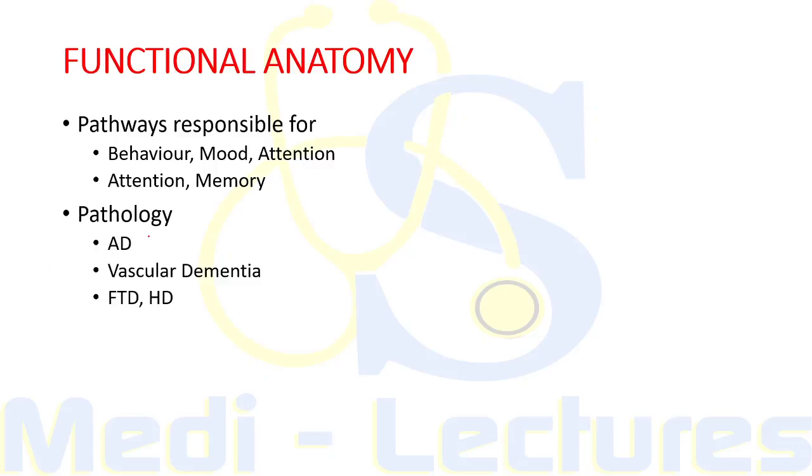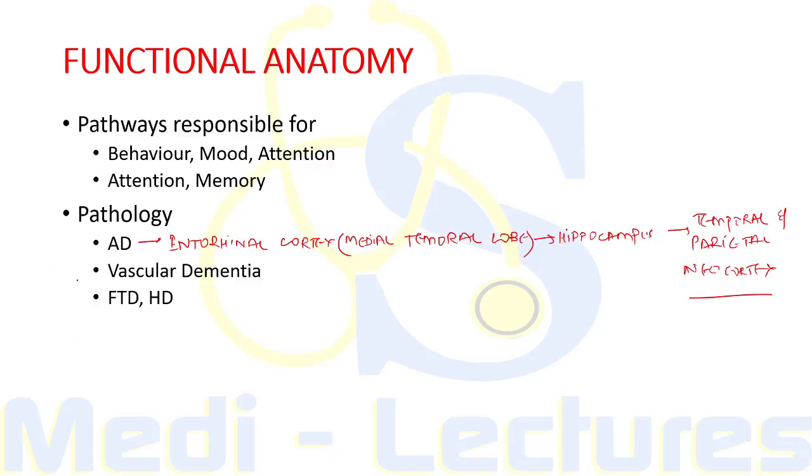Now, when we consider the pathology in various types of dementias, Alzheimer's disease, which is characterized by episodic memory loss initially, begins in the entorhinal cortex, which is a part of medial temporal lobe. Then the pathology includes hippocampus and finally also involves the temporal and parietal neocortex.